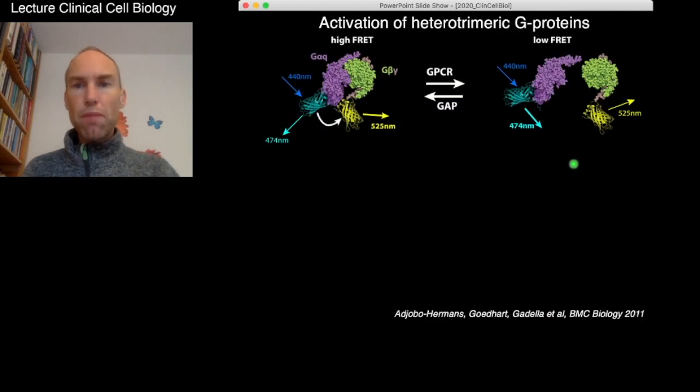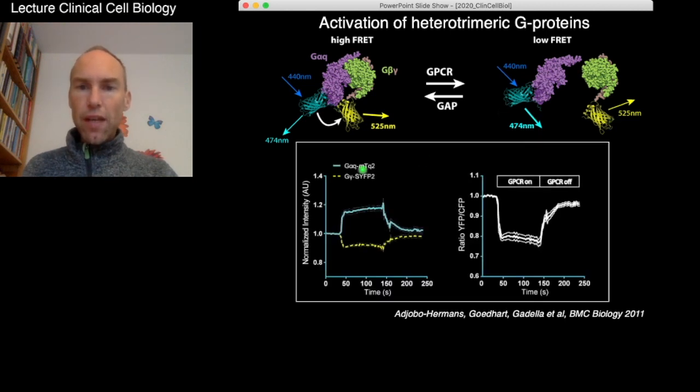So again, to remind you how this system works, we have initially the complex with high FRET, and after the GPCR is activated, we get a decrease in FRET. And the data then looks like this. On the left you see this nice cyan trace and the yellow trace.